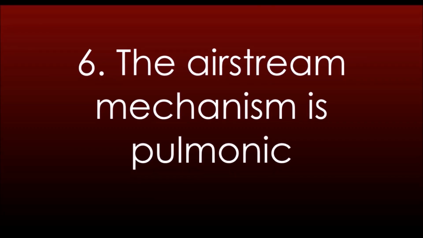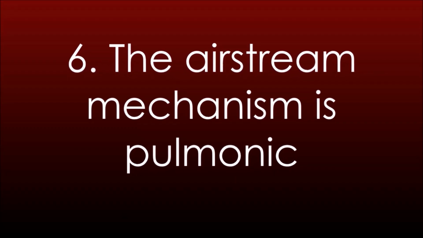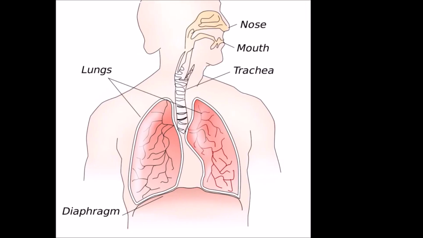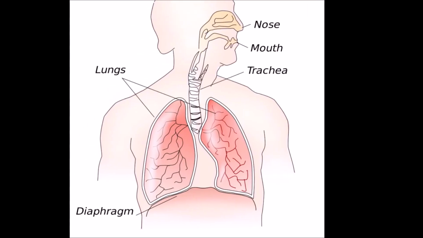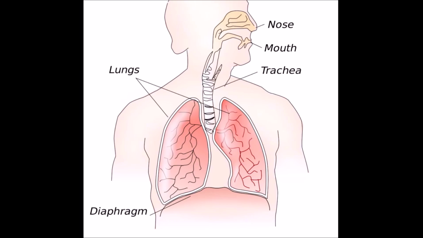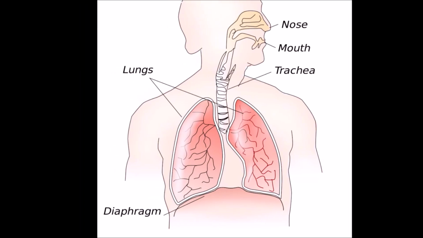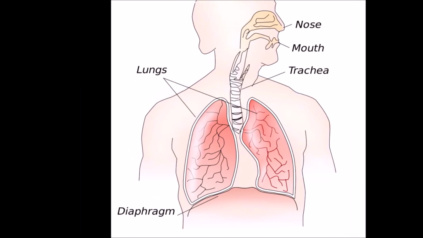The airstream mechanism is pulmonic, which means we articulate it by pushing air solely with the lungs and diaphragm, as in most sounds. So the P is voiceless because we don't use our vocal cords to say it.